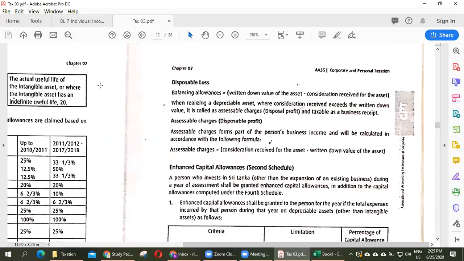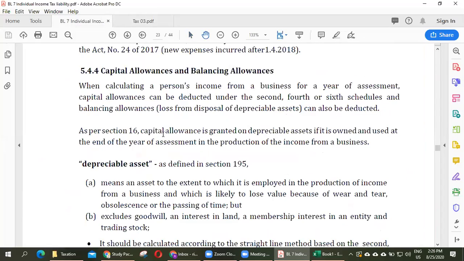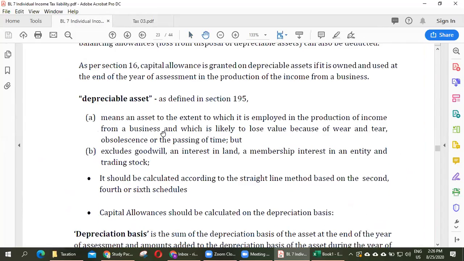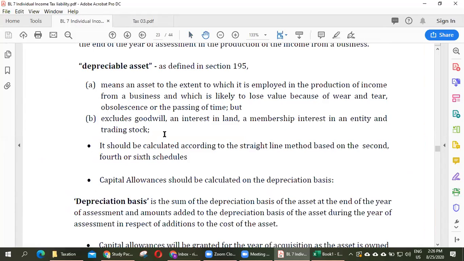And in the act, it defines what do you mean by depreciable asset.